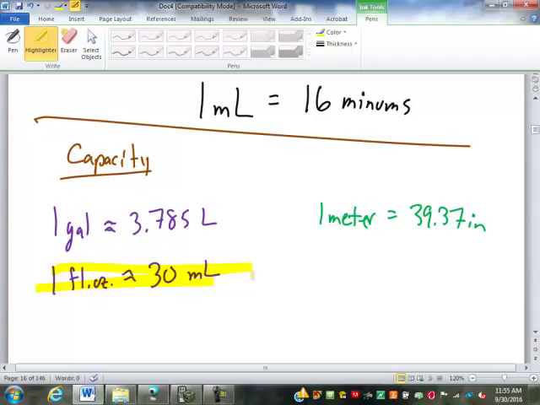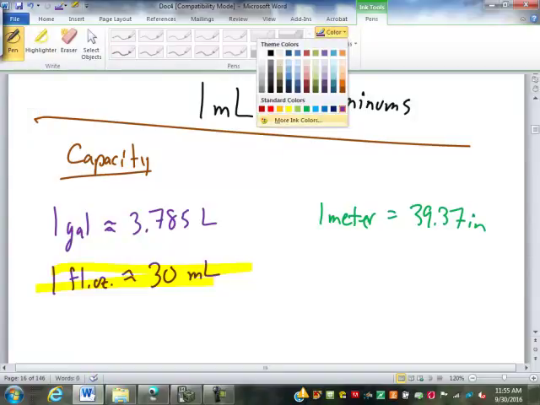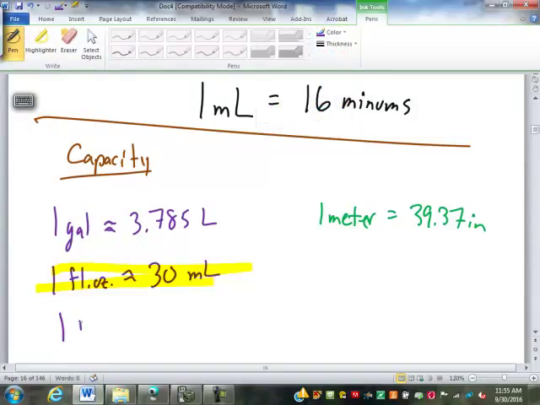It is approximate. It is actually just slightly less than 30 milliliters, but 30 is close enough for anything we're going to do. And 1 teaspoon is approximately equal to 5 milliliters. And for our conversions between metric and standard as far as capacity, that's about all we really need.